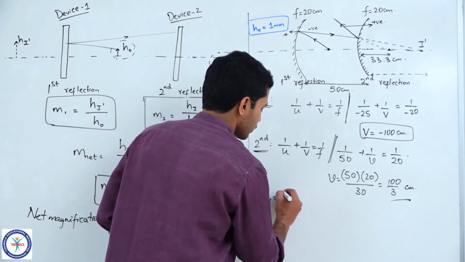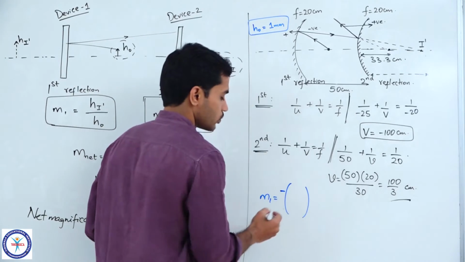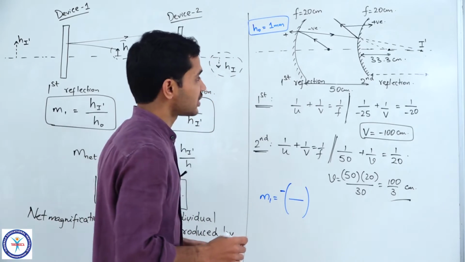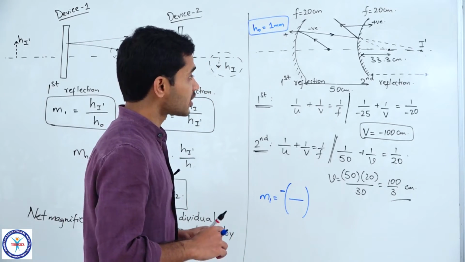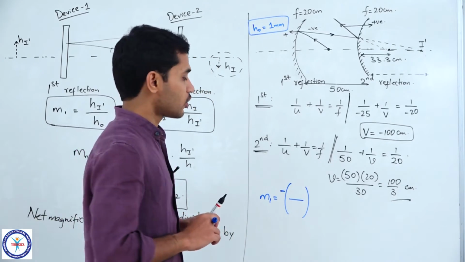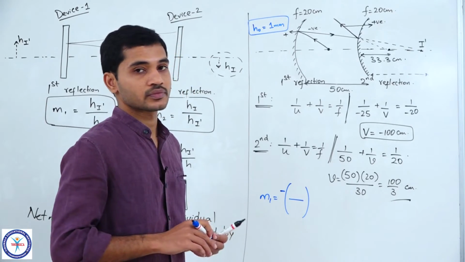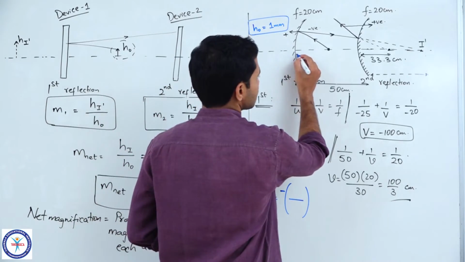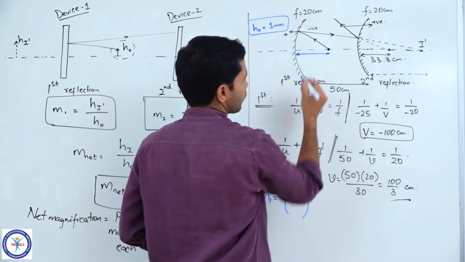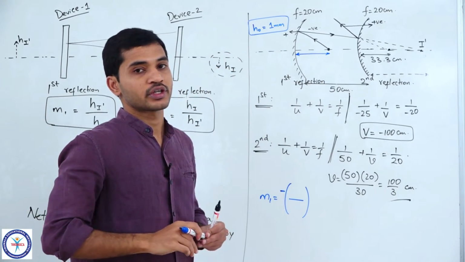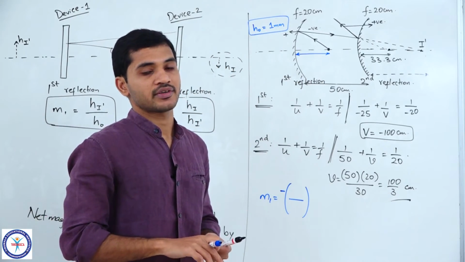So minus of, now let me substitute the values. Please observe carefully. For the first reflection, what is the object distance? This much. It is 25. Should I substitute it as 25 or minus 25?